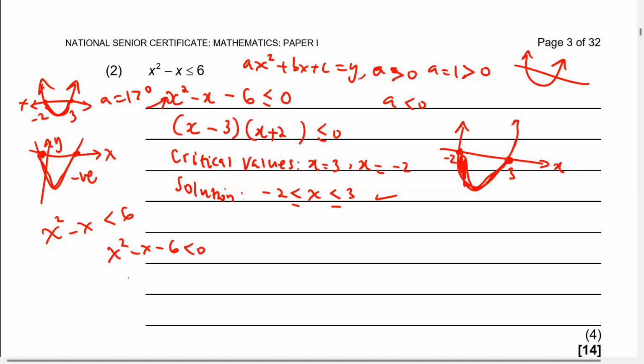Okay, at this point, we would get our usual factors of x squared being x and x. Factors of 6 that give -1 when added or subtracted are 3 and 2. But obviously, because this one is negative, you need to put a negative there. And then now you put the critical values.